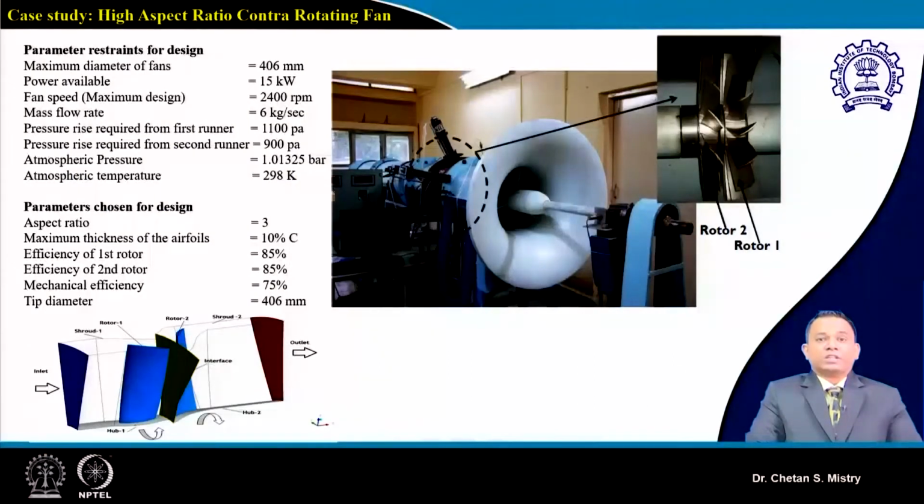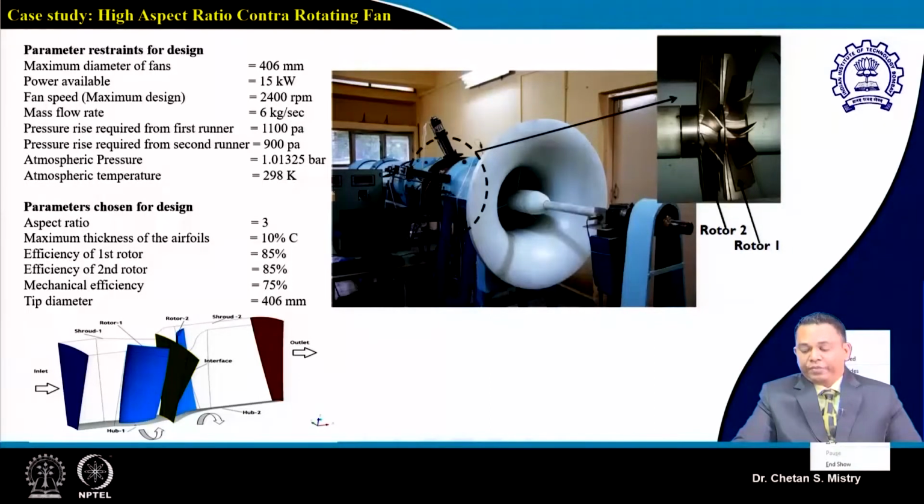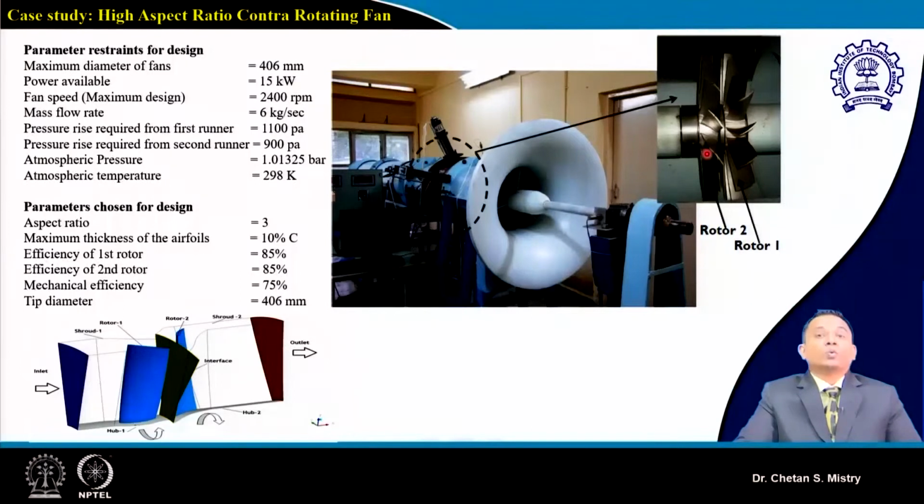This is a case study for a contra-rotating fan. I explored this when I was doing my PhD at IIT Bombay. If you recall, when we were discussing the design of the contra-rotating fan, we discussed a similar kind of configuration. Here we have two rotors, rotor 1 and rotor 2.